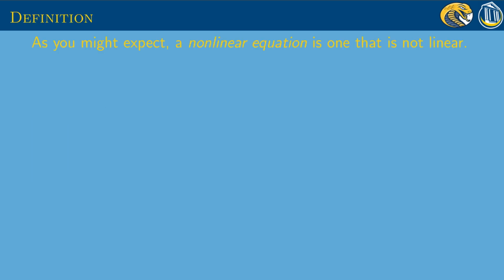As you might expect, a nonlinear equation is one that is not linear. That means any equation that cannot be written as some number times x plus another number times y equals a third number. Anything else is considered nonlinear.